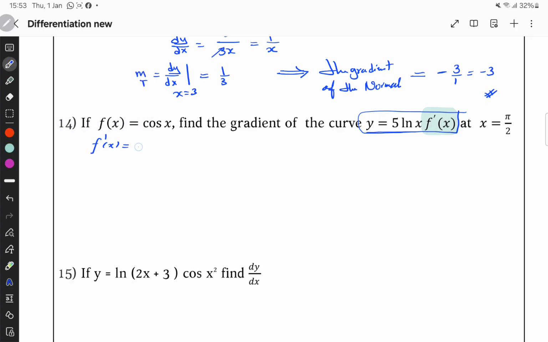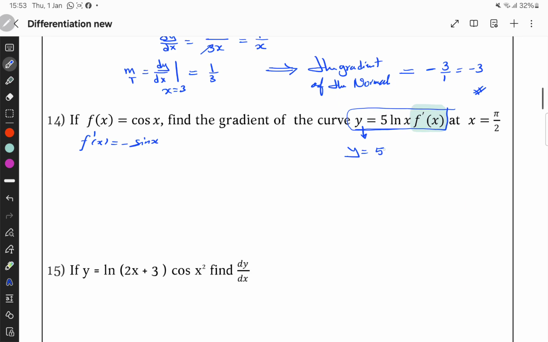The derivative of cosine, it will be negative sine x. So that function is changed to be y is equal 5 times ln x times f dash, which is negative sine. Negative times positive, it will be outside, not between. Sine x. Now I have product rule.